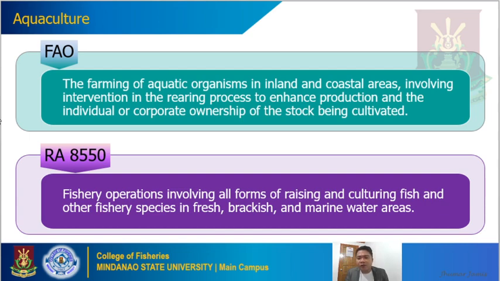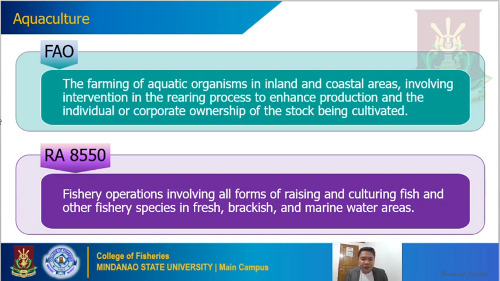involved for the cultivation. Aquaculture is also defined according to RA 8550, otherwise known as the Philippine Fisheries Code, as the fishery operations involving all forms of raising and culturing fish and other fishery species in the fresh, brackish, and marine water areas.